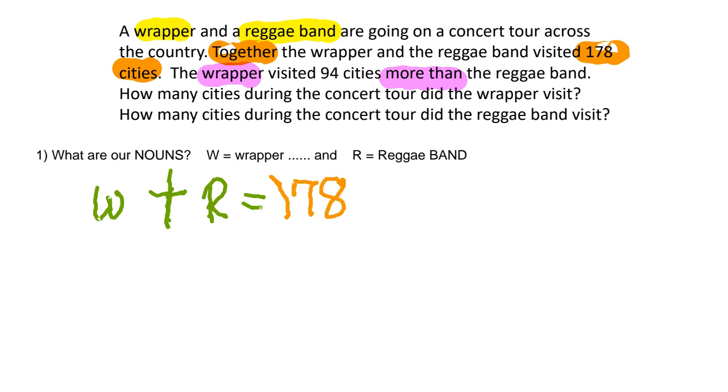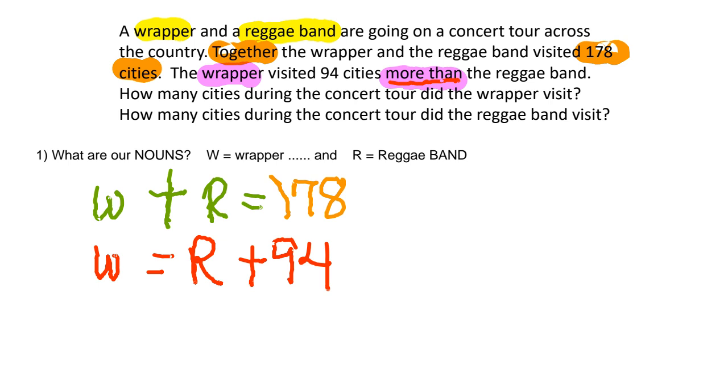Two variables, one equation so far. Now, the hot pink says the rapper visited. Okay, more than is plus, but the 94 goes behind the plus. The noun after the word more than is reggae.